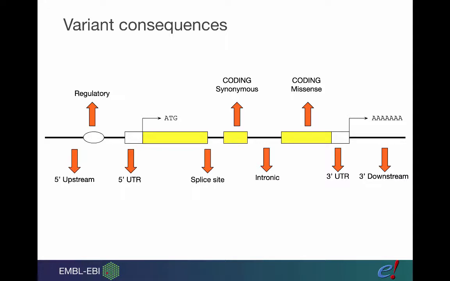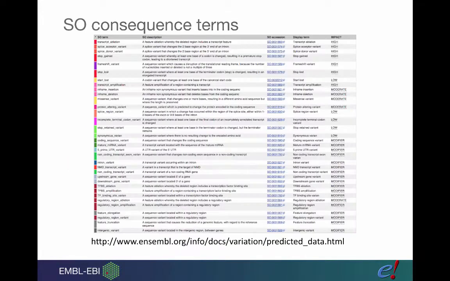So the variant consequences depend on where within a gene the variants fall. We'll classify things on whether they fall in a coding region or not, whether they change the amino acid sequence. We use as standard sequence ontology consequence terms, which is a standard set of terms.